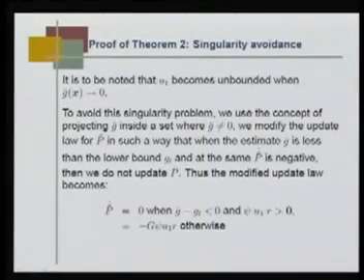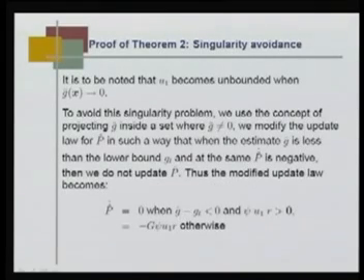To ensure that, to avoid this singularity problem, we use the concept of projecting g hat inside a set where g hat is not equal to 0. We modify the update law for p hat in such a way that when the estimate g hat is less than the lower bound g_l, and at the same time p hat dot is negative, then we do not update p hat.